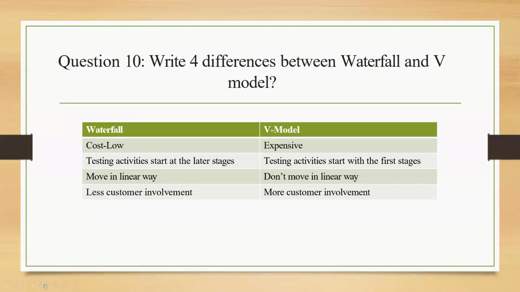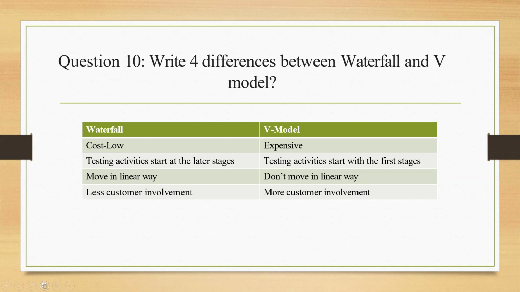Next, question number 10 asks you to mention the differences between the waterfall and the V model. You need to give at least 4 differences, and if you know more differences, you can add those also. Regarding cost, the waterfall model is very low, whereas the V model is expensive.